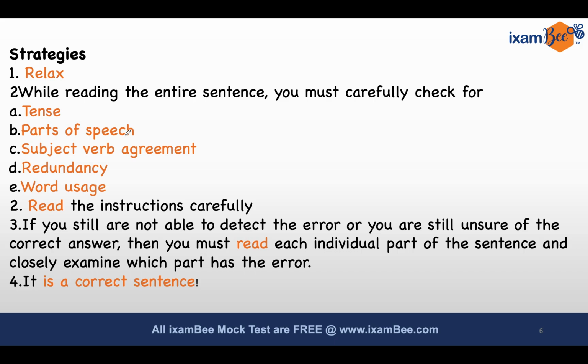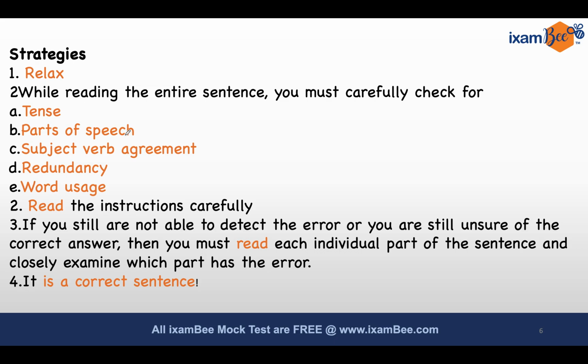Now, even after reading the instruction and reading the sentence as a whole, and trying to find the error, if you're not successful, then start looking at the fragments, at the parts, and try to see what's wrong there. Last, in spite of everything, if you're unable to find the mistake, relax, it's okay.